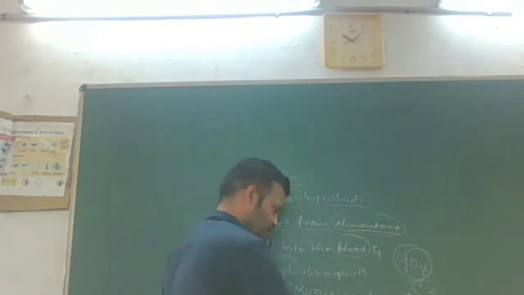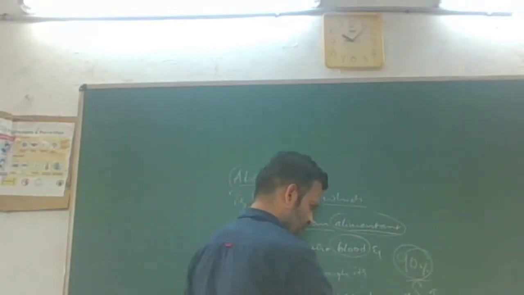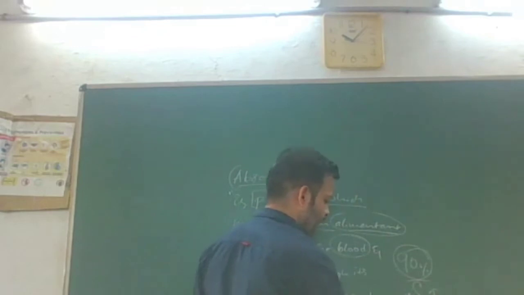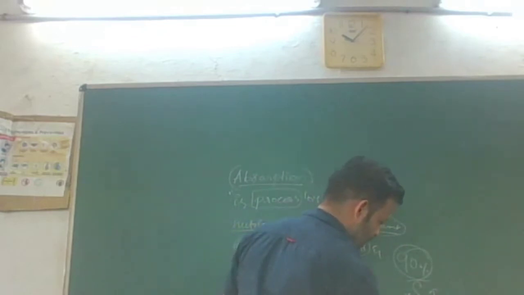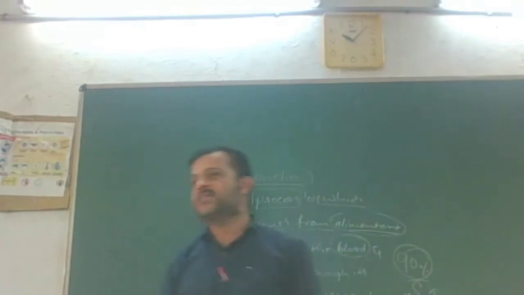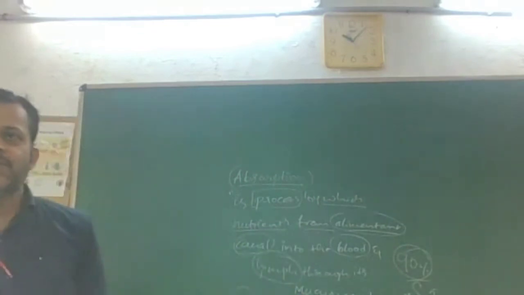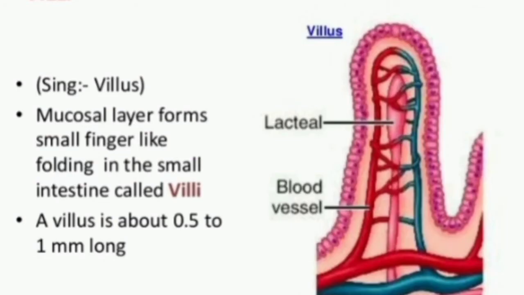And the remaining 10% is absorbed in the stomach, mouth, and large intestine. It means the maximum portion of the food is absorbed in the small intestine, not in the mouth, not in the pancreas, not in the liver, not in any other digestive tract.